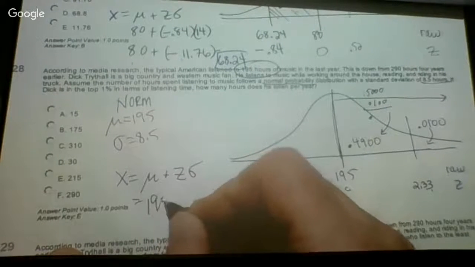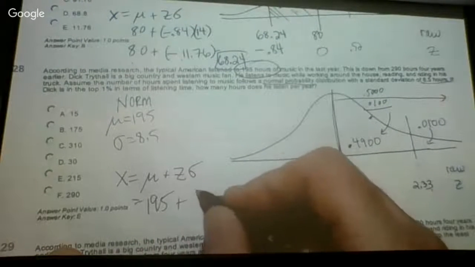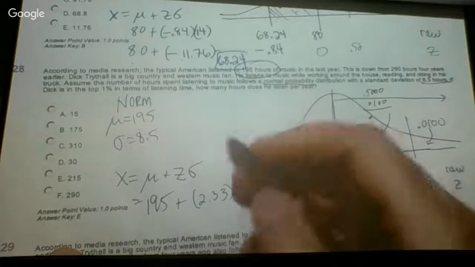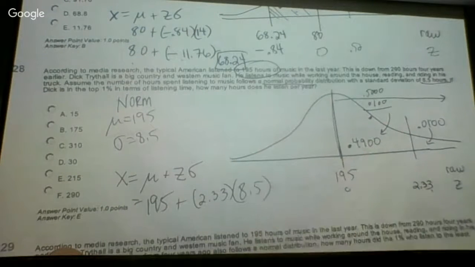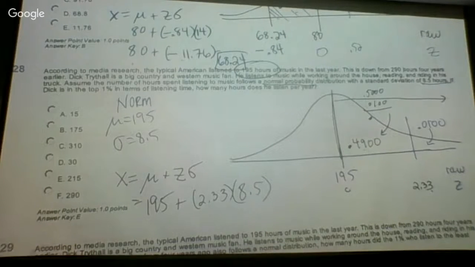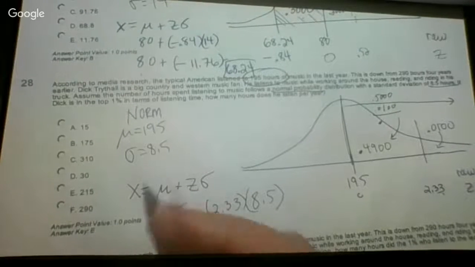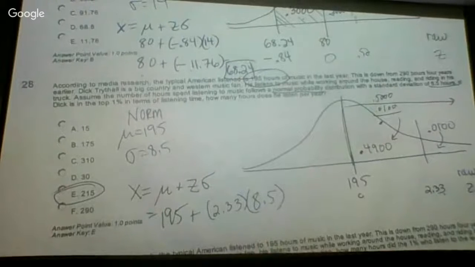Mu is 195. Z-score is 2.33. Sigma is 8.5. That's about 17. And the third, that's about 3. So that's about 20. So I'm going to say that's probably my answer. It's about 20 over 195.